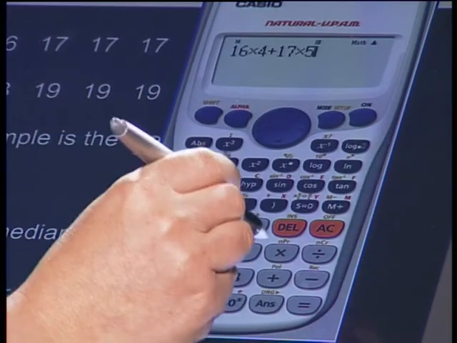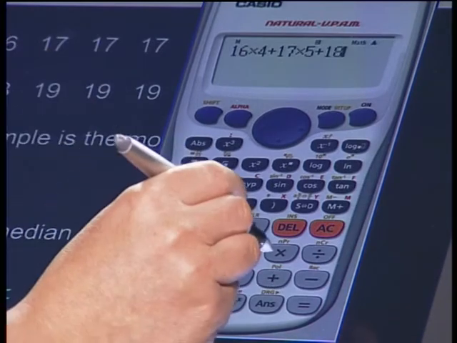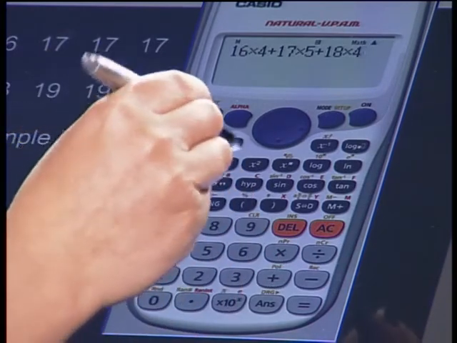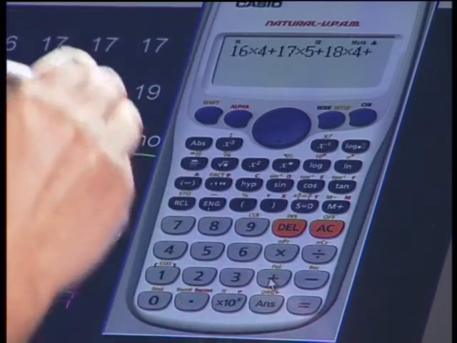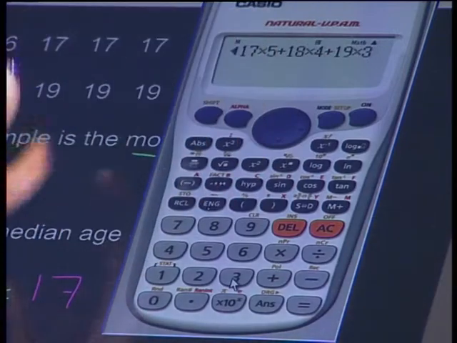So I'm going to do that, plus 18. There were 4 18s. And lastly, 19 times 3. Now, if you're going to do a calculation like this where you're using multiplication and addition, I just want you to be very careful and check that you actually have added when you need to add and multiplied when you needed to multiply.